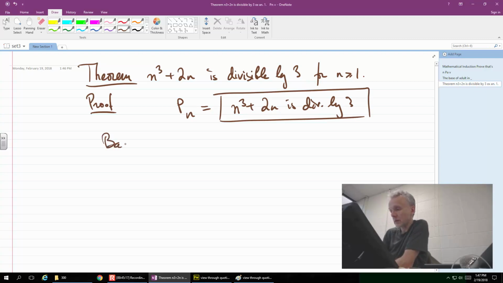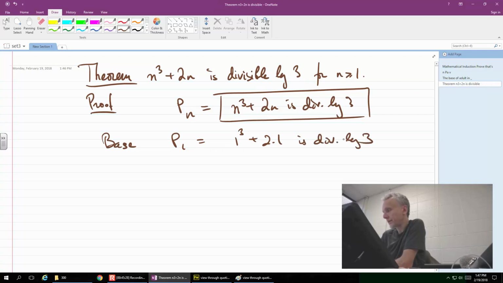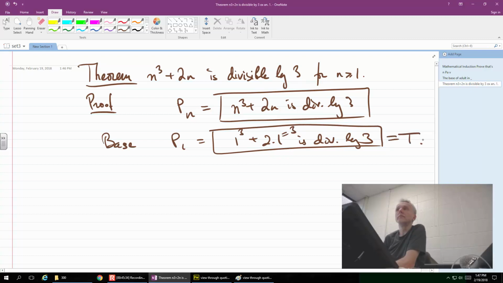Base is P1, which is 1 cubed plus 2 times 1 is divisible by 3. Well, certainly this is equal to 3, so it is true. So assumption, Pn is true.